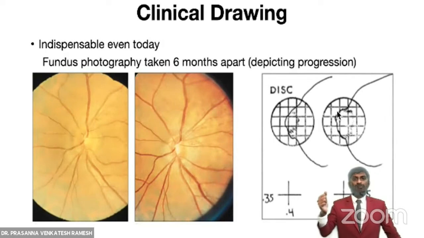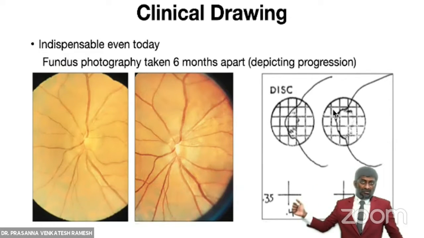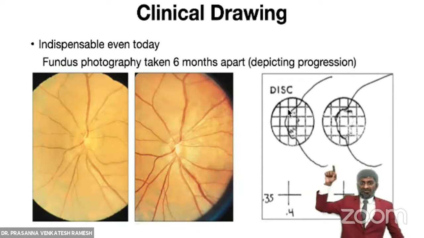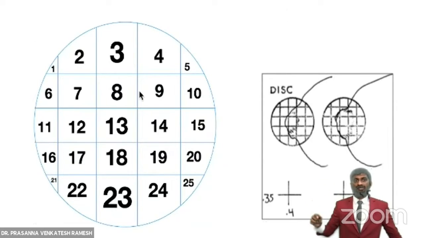As we again and again keep coming back to this slide, the Becker and Shaffer's progression of glaucoma from 6 months apart, and how a clinical drawing itself can pick up the progression. The most important are the tools that he has given us. The circular tool, which is divided into 25 quadrants, as you can see here.